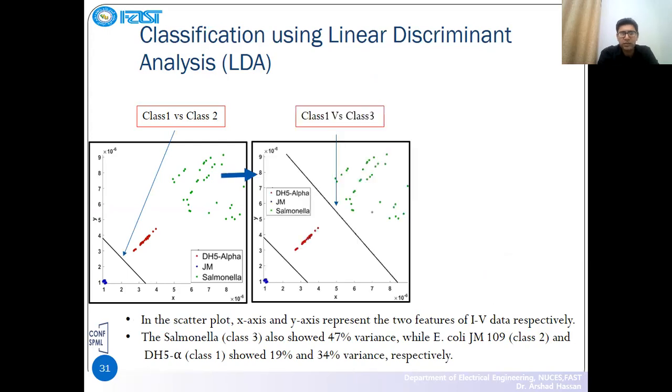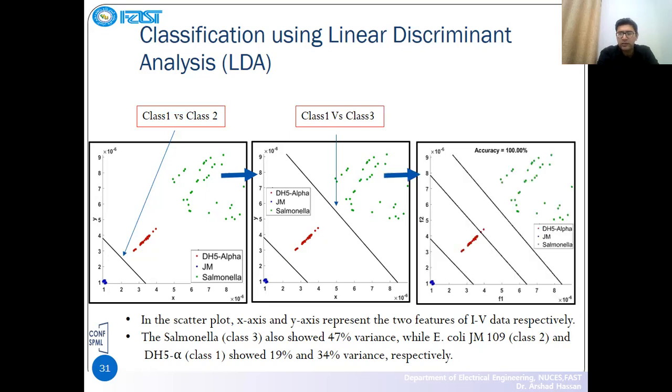And in the second part, we used a hyperplane between class 1 and 3 to distinguish between Salmonella and DH5 alpha. And in the third part, we distinguish class 2 and class 3, between GM109 and Salmonella.